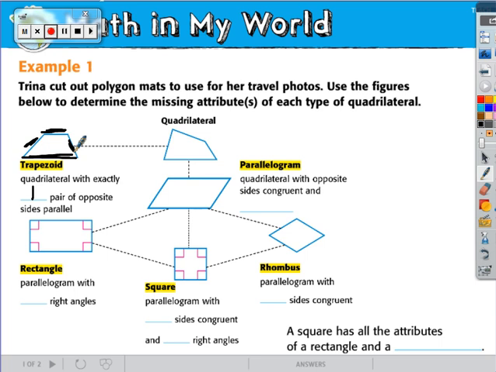So it needs one pair of parallel sides. Why is this important? Because we're going to classify our quadrilaterals today. When we are classifying our quadrilaterals, the first thing we need to see is how many sides are parallel.